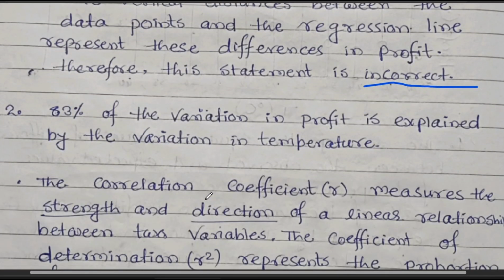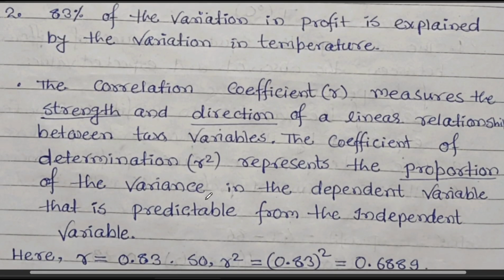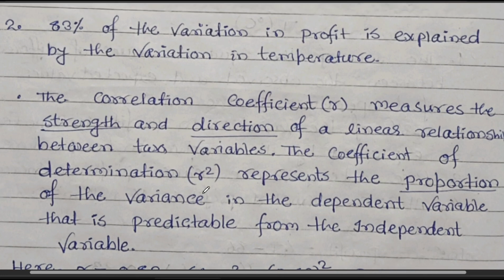Let's go to the second option. 83% of the variation in profit is explained by the variation in temperature. Here they are saying that 83% variation comes in profit because of the temperature.